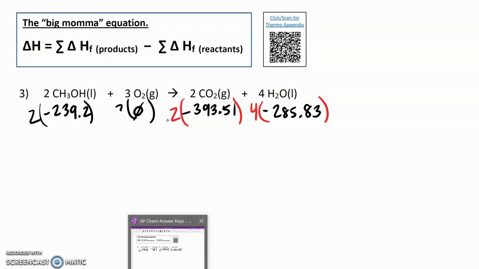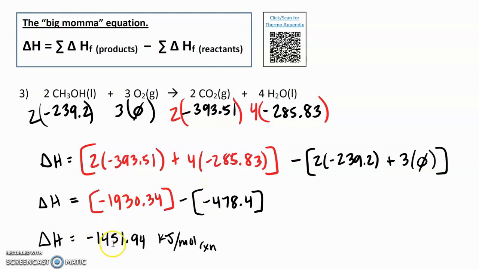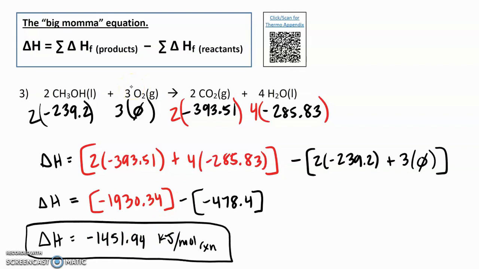And the next thing is to do the sum of the products minus the sum of reactants. All right, plugging and chugging into our big mama equation, products minus reactants. We calculate this and we get an answer of negative 1451.94 kilojoules per mole of reaction.